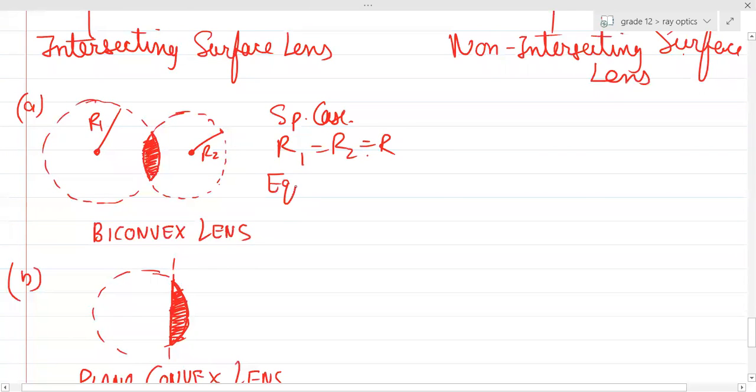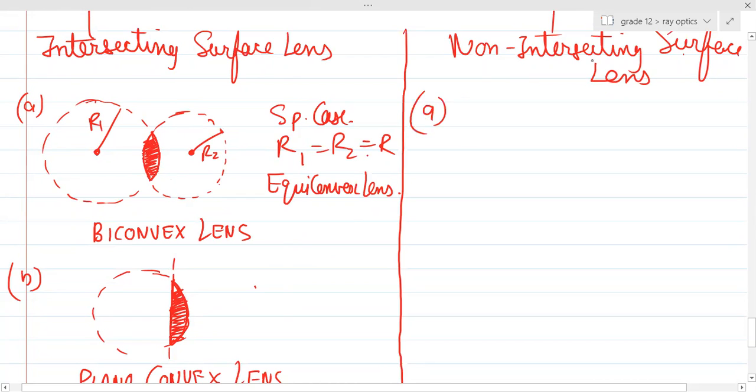Those types of lenses are called equiconvex lens. Is this clear? Yes, sir. Here in this case, what is happening? r1 is infinity, and one is something, right?